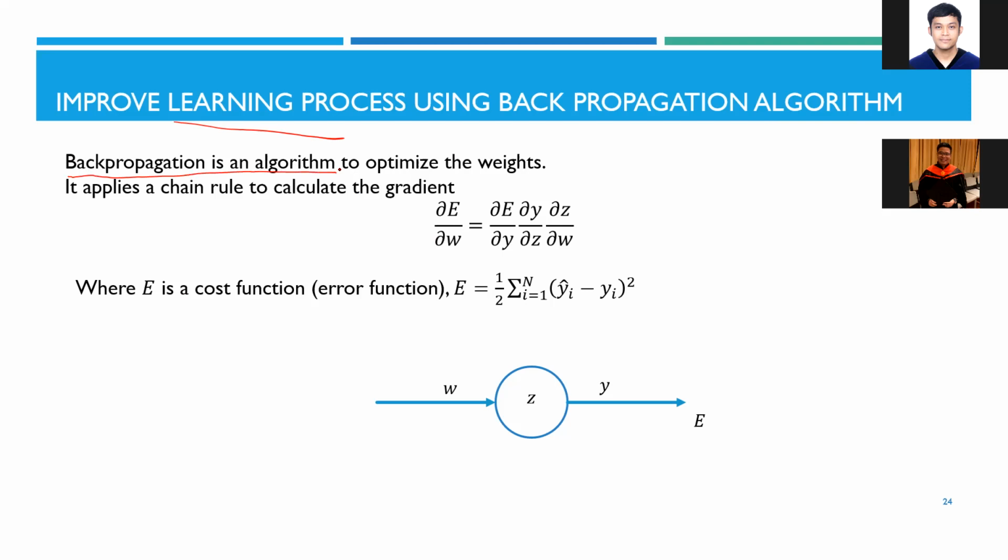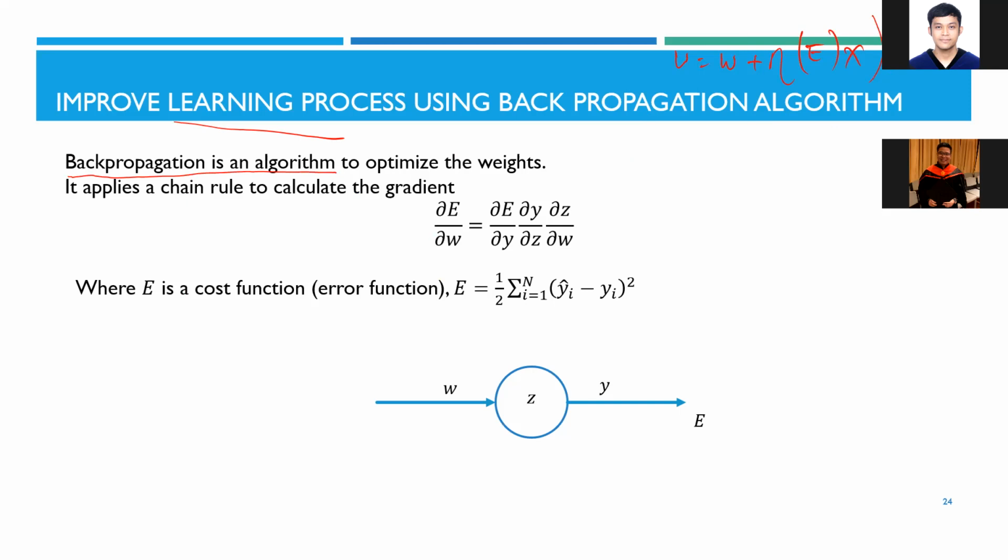If we go back to the basic perceptron algorithm, the weights are only updated by a simple equation: weight plus learning rate times the error times the input. This is very simple, but it is not an optimization algorithm.